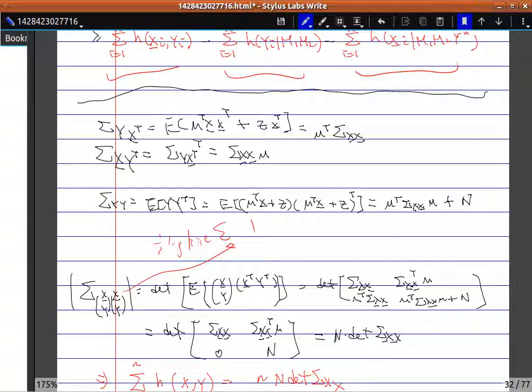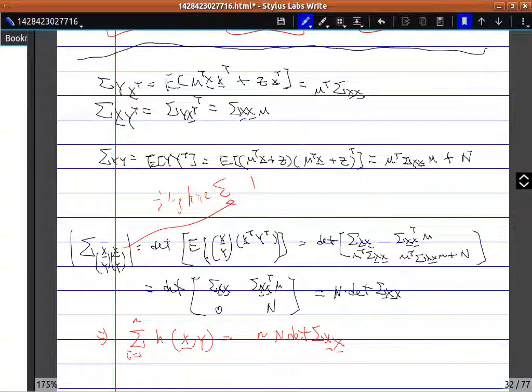It is the determinant of the covariance matrix, whose entries are the expectation of x bar y and x bar y, and the covariance of x bar and x bar, and this x bar y here.